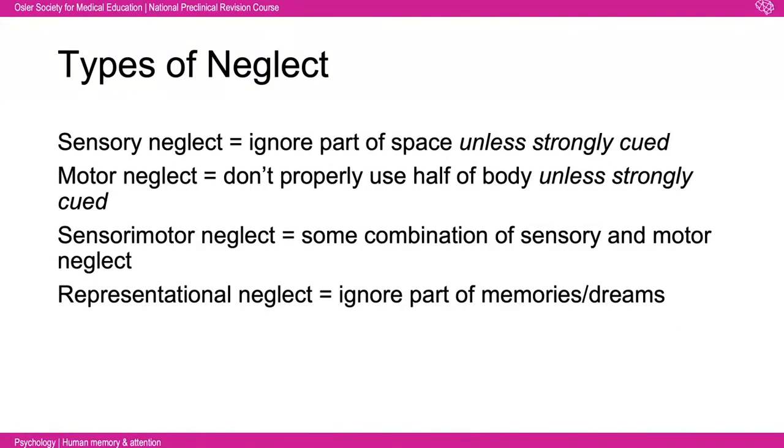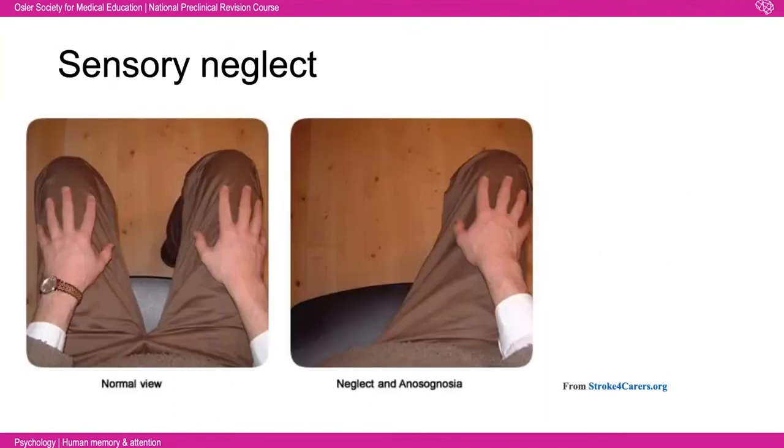So, I've touched on this before, but I'm just going to give some examples now. We can't know what it's like to have sensory neglect, and I don't claim to, but this is a schematic of how we could conceptualize it might be for someone. So this might be how it appears to them. If they have sensory neglect of their left side, they really cannot see that side at normal function.